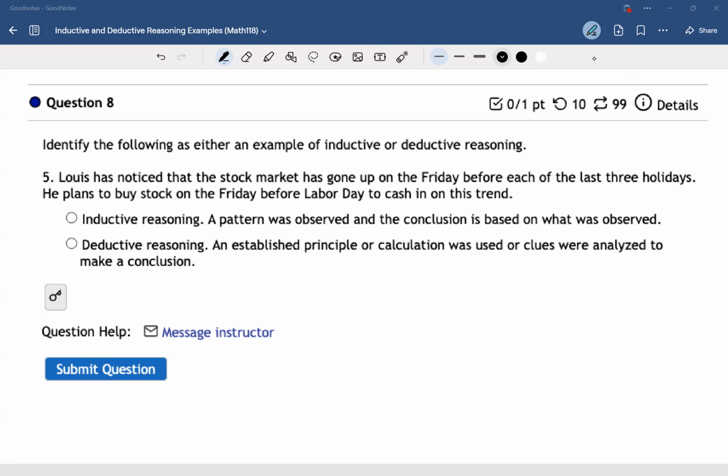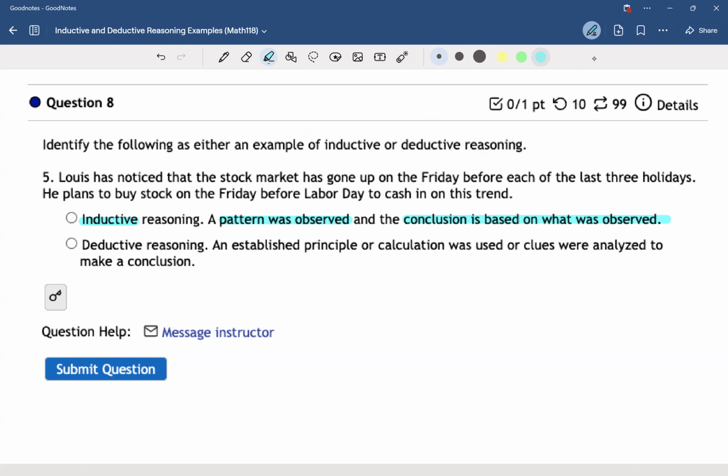All right, so question 8 says, identify the following as either an example of inductive reasoning or deductive reasoning. Before I read the question, I'm going to look at what they tell me inductive reasoning and deductive reasoning is, okay? So they say that inductive reasoning is you see a pattern and then you make a conclusion based on the pattern.